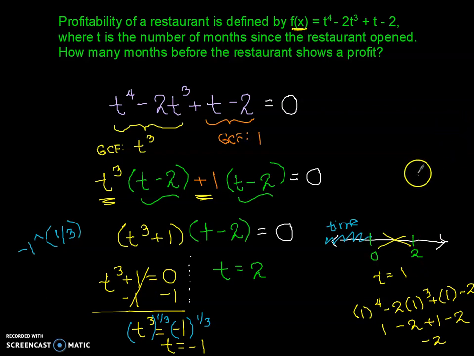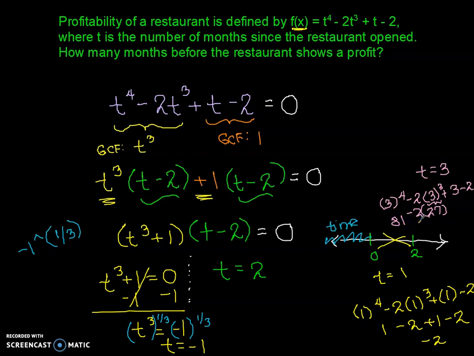So now I'm going to test something greater than 2, like let's say 3. So if I replace the x with 3, 3 to the 4th power minus 2 times 3 to the 3rd power plus 3 minus 2. Remember exponents before you multiply. So 3 to the 4th power would give me 81.